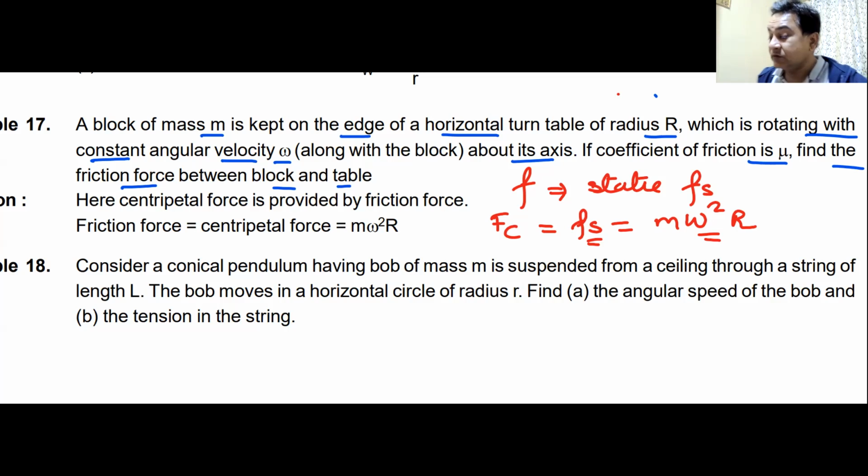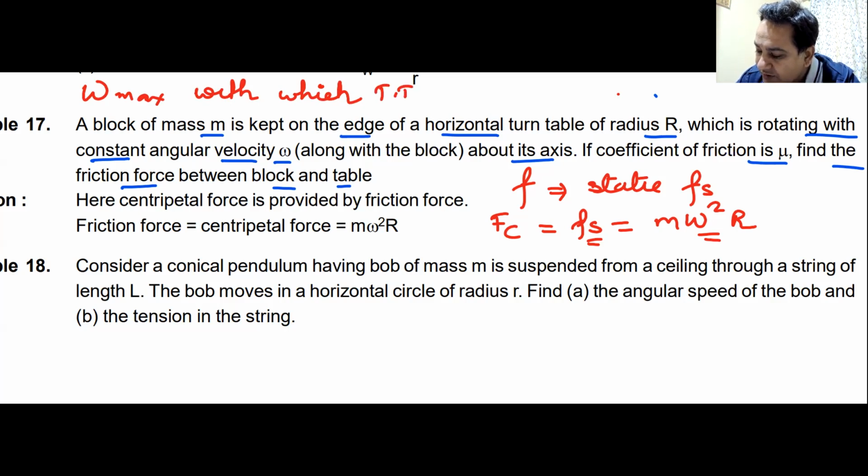That is the next question. What is the maximum angular velocity with which I can rotate it without it slipping away? You have to find the value of omega max, the maximum angular velocity, with which the turntable TT can rotate without the block slipping away.